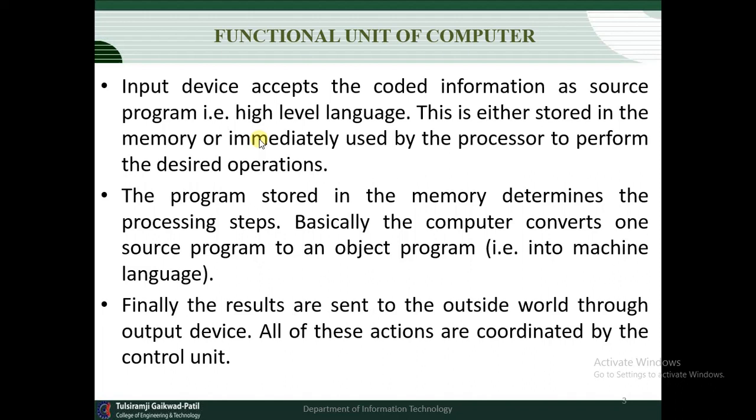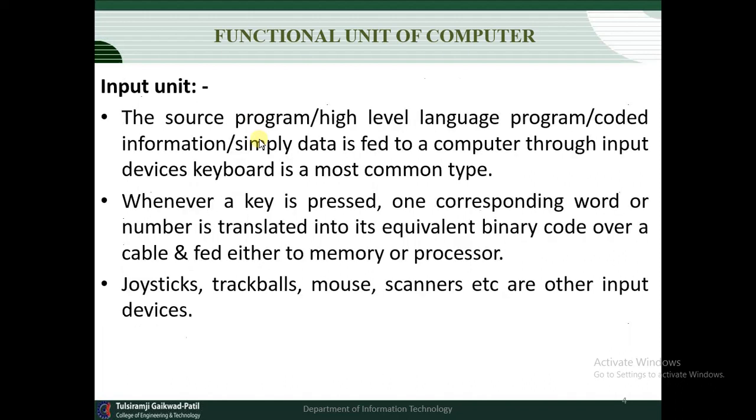The program stored in memory determines the processing steps. Basically the computer converts the source program into an object program, that is called machine language, and finally results are sent to the output devices. All this action is coordinated by our control unit. What is the control unit? Here we have it. Now what is the input unit?